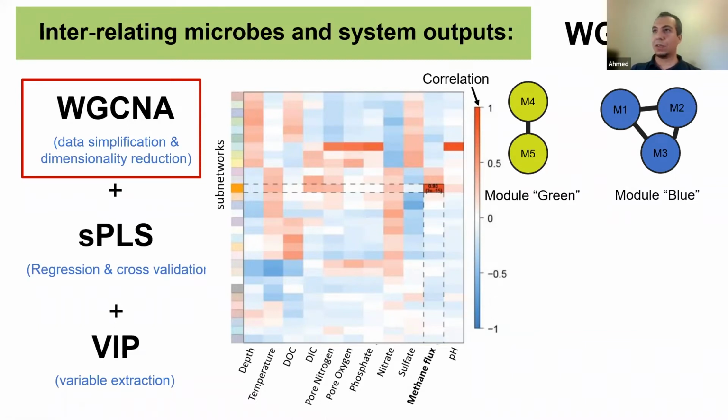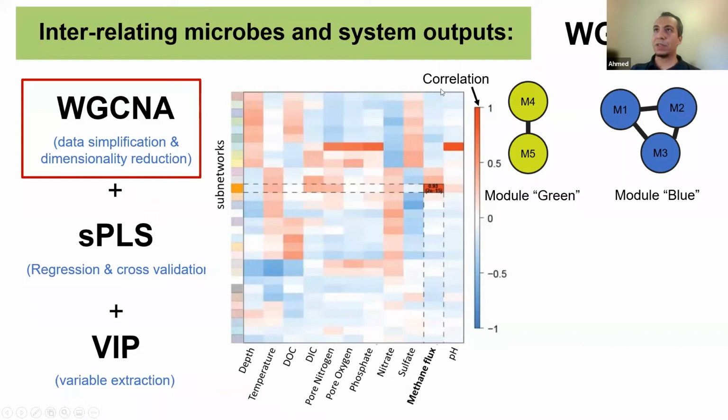So in this case, we are interested in methane flux, and we found there is a module here, the orange subnetwork, that is highly correlated, and it has a very significant correlation as indicated here by the p-value.